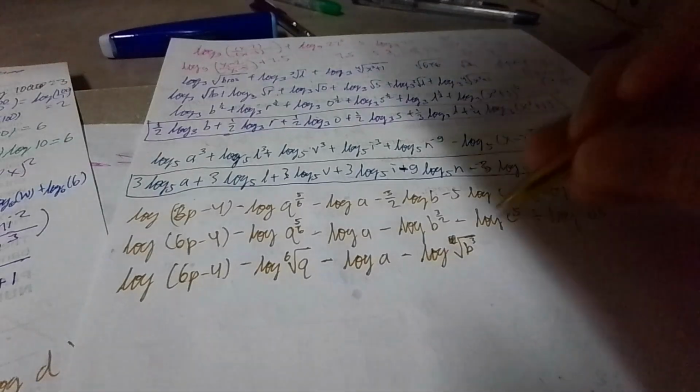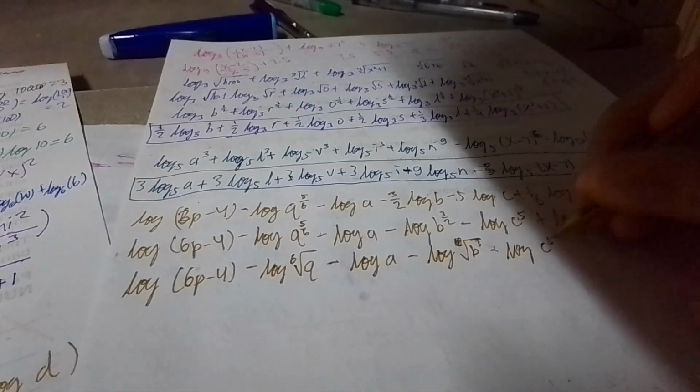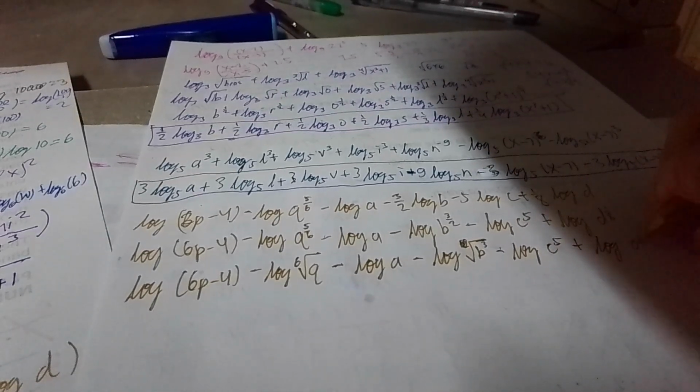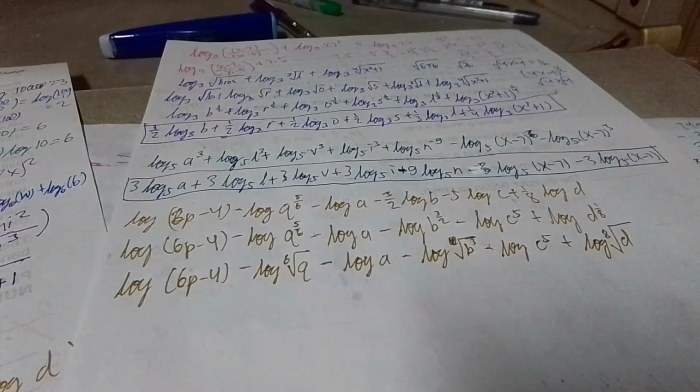And then we have minus log c raised to the 5th power again. And then log of d raised to the 1/8 power. So it's d raised to the 1. Also, you don't need to write the 1 anymore because any base with no written power is automatically raised to the 1st power. So that's correct, and that's how we solve. That's our expanded form.